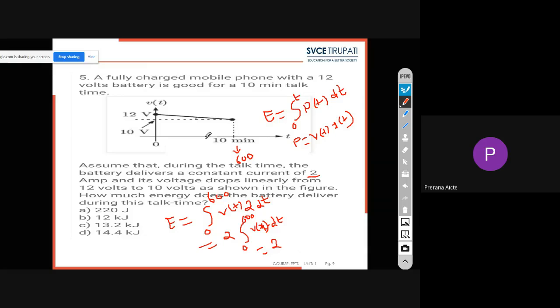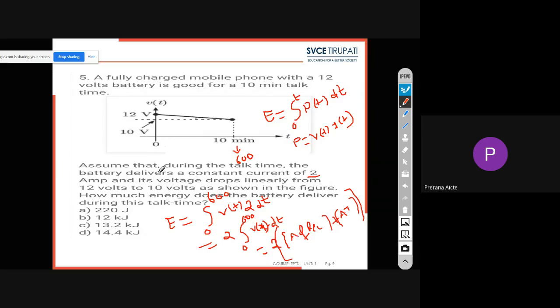One area is this one, the triangle. Another one is this one, the rectangle. So 2 into the area of rectangle plus the area of triangle.